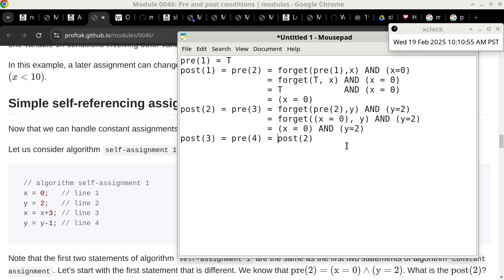Okay, so this time we use a substitution. Sub means substitution. So when we are substituting, we have to specify what we are looking for, and then what do we replace it with? Well, if you look at line 3, it doesn't have anything to do with y.